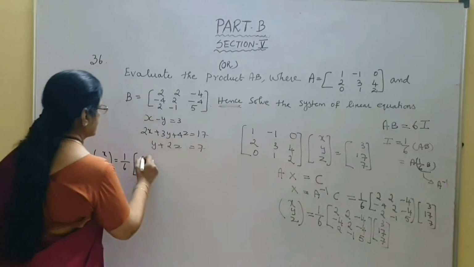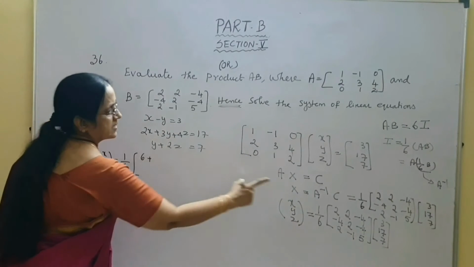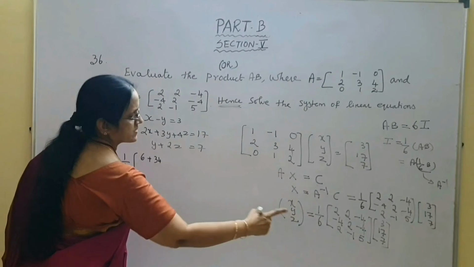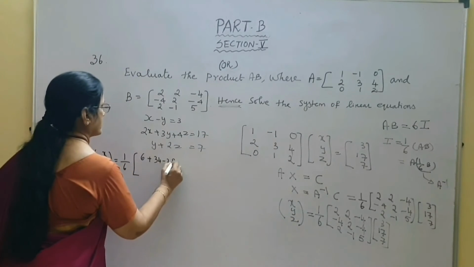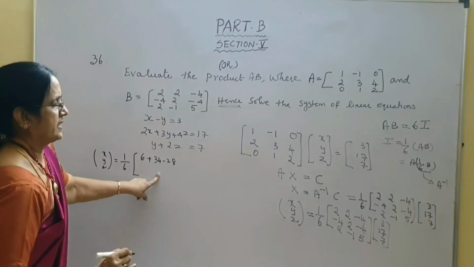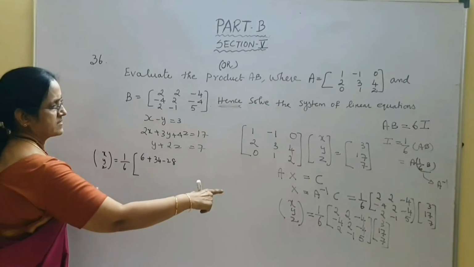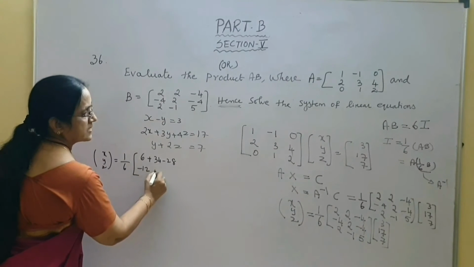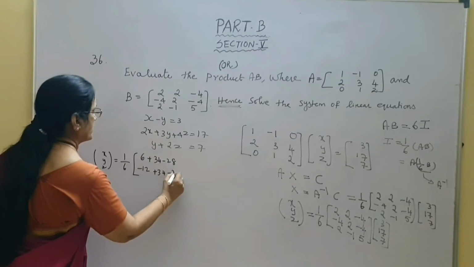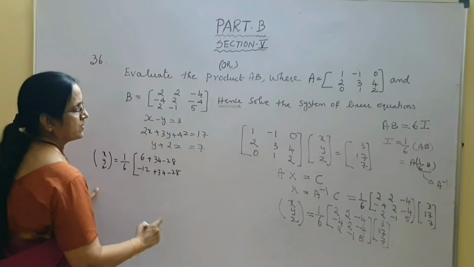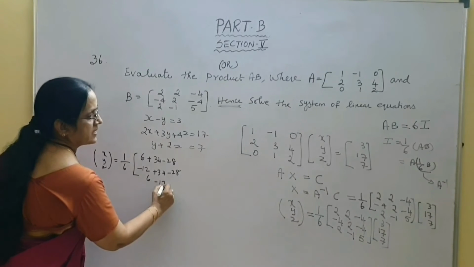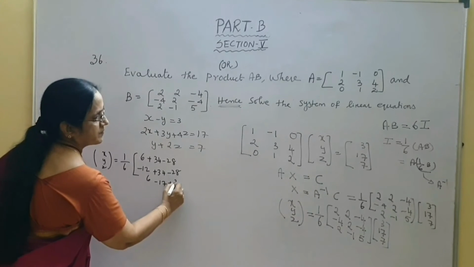2 3s are 6 plus 2 into 17, 34 minus 4 into 7, minus 28. Then second row, if you consider second row, you will be getting minus 12 plus 34 minus 28. Then third row, it will be 6 minus 17 plus 35.